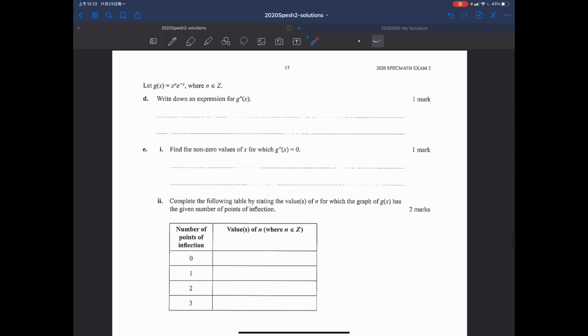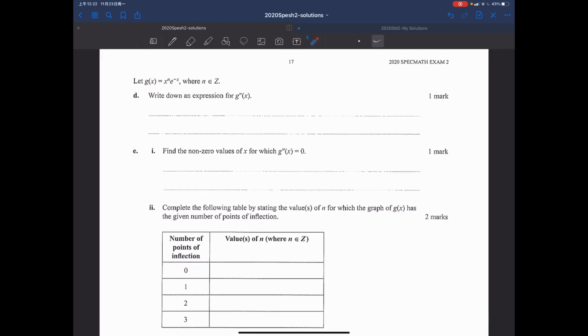Very easy, 6 marks. Then, you've been given a family of functions with the unknown parameter n. Okay? This is just your parameter. N is any integer, which means 0, plus or minus 1, plus or minus 2, plus or minus 3, etc. Then you want to find an expression for g double dash x.